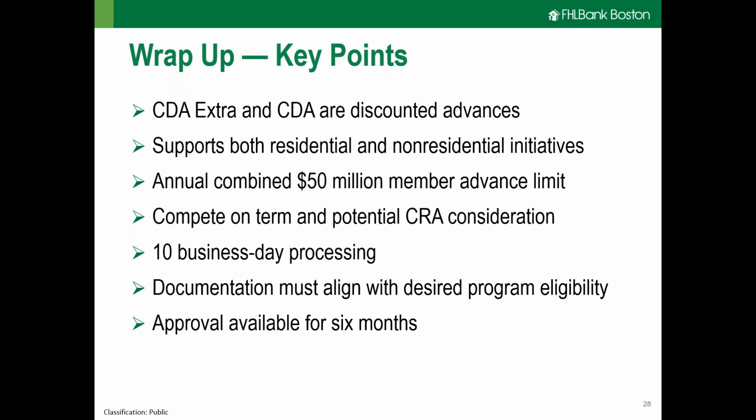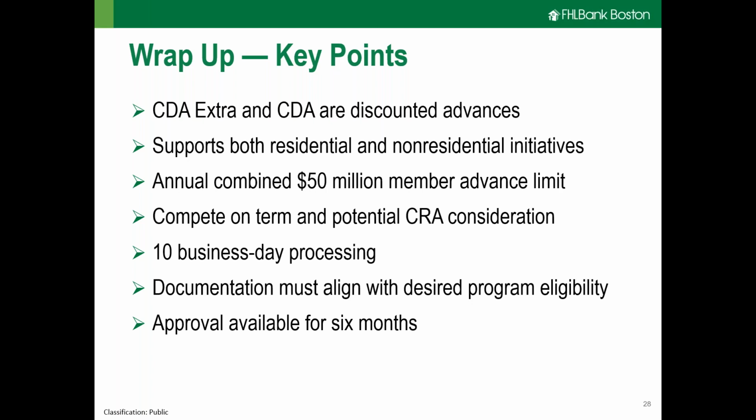With this understanding and that redirection, I just want to remind you of some elements of today's presentation. The CDA and CDA Extra are both discounted advances that are available to members. The rates for these advances are slightly lower than the Federal Home Loan Bank's regular advance.